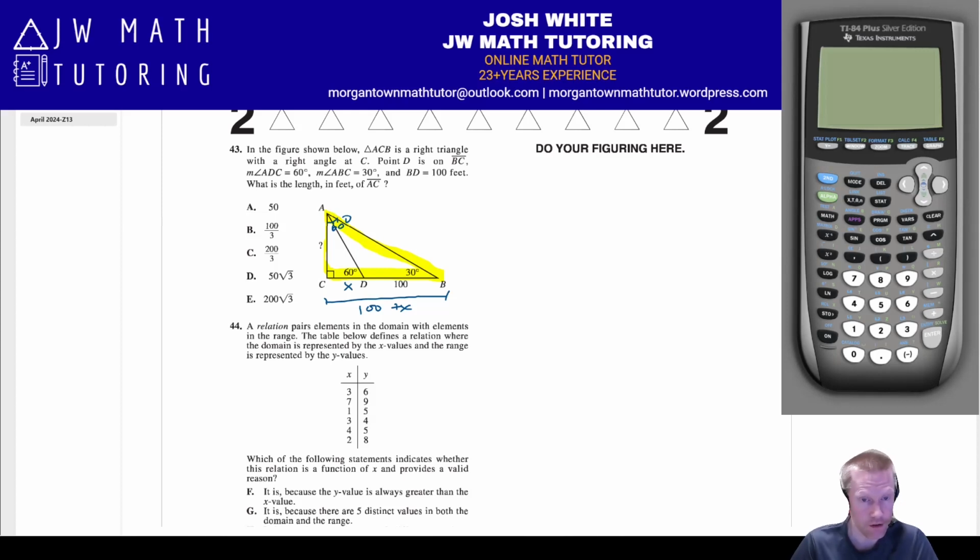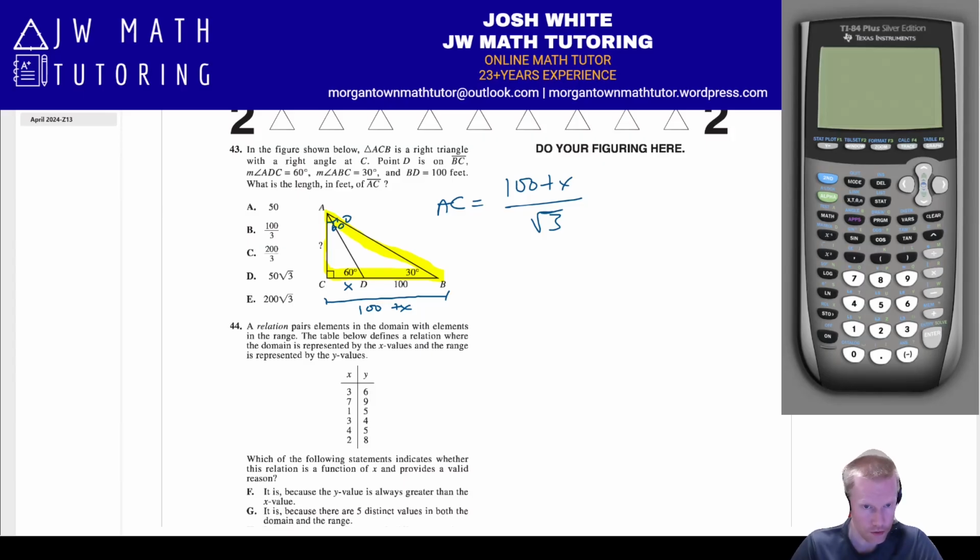That means this side right here is the long leg. To get the short leg, we take that side and divide it by square root 3. So AC is just going to equal the long leg, 100 plus x, divided by root 3.